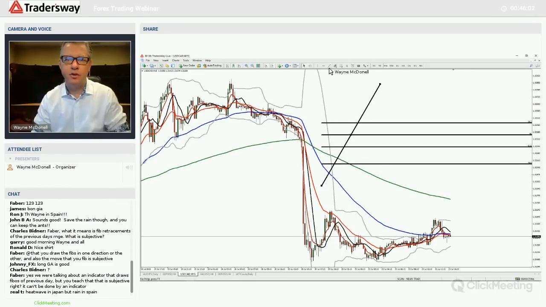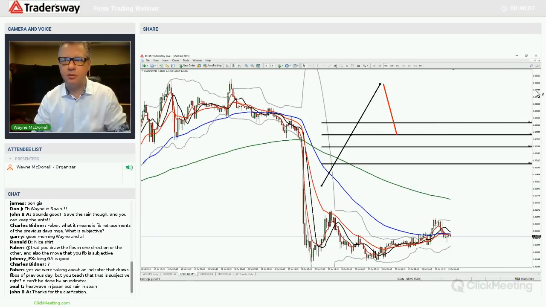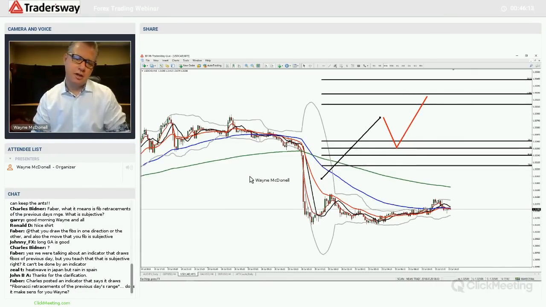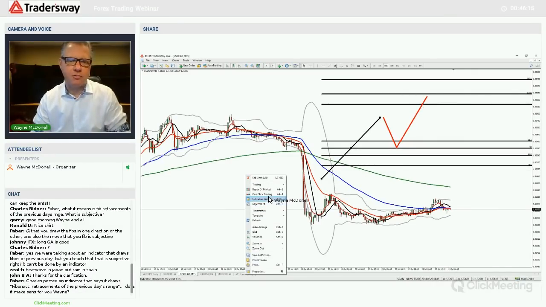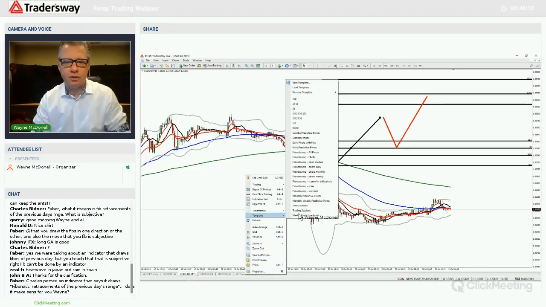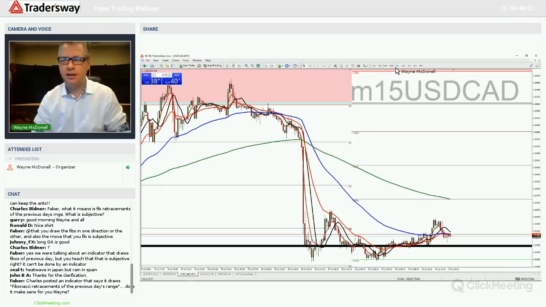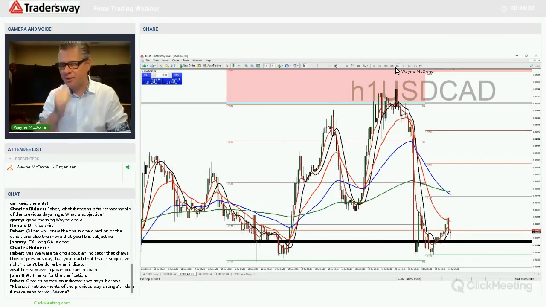If I'm looking at a retracement, I want them to point me in the right direction. So anyways, that's how I do it. I didn't explain it very well, but that's how I do it and why I do it. That was so long ago. It's literally 20 years ago.